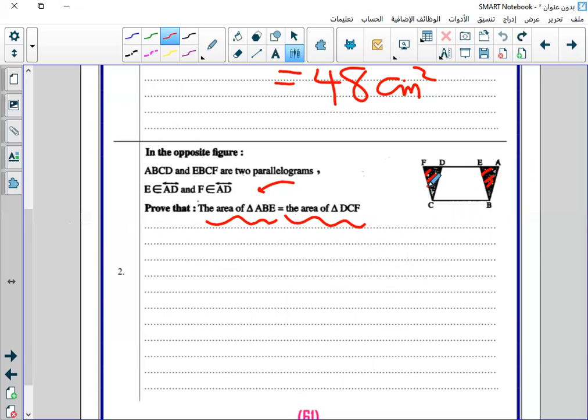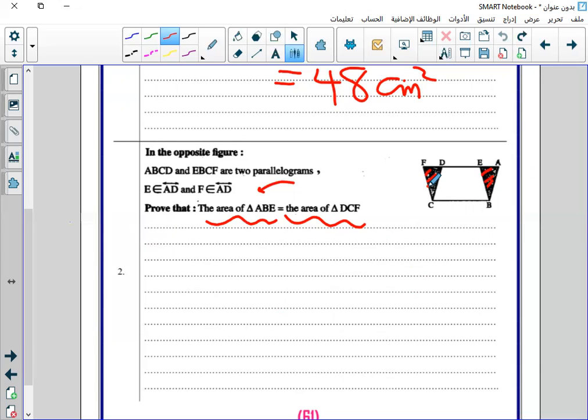We can say, maybe, corresponding angle... no, I mean corresponding base. Say it again, please. Corresponding base. Okay. Yes. This is AF.